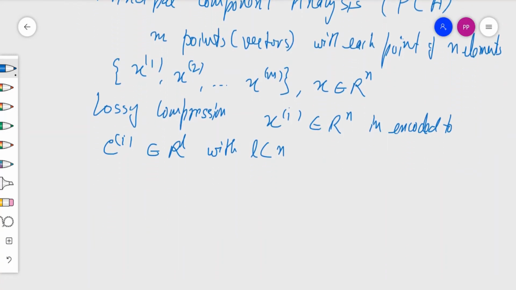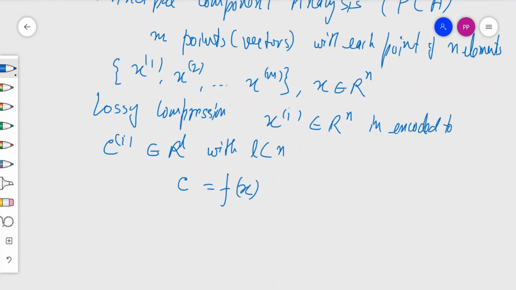So for encoding we need a function that can encode the original vector x. The function f is the encoding function, which will convert it into the vector c. Then a decoding function g is used to reconstruct the input.